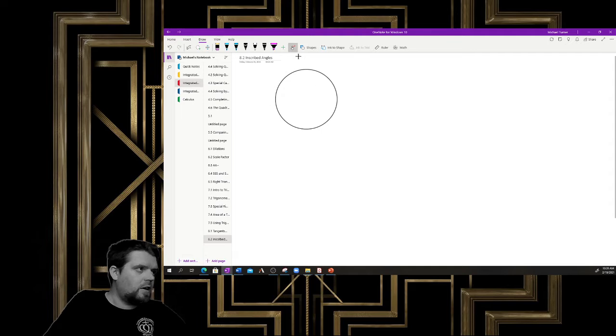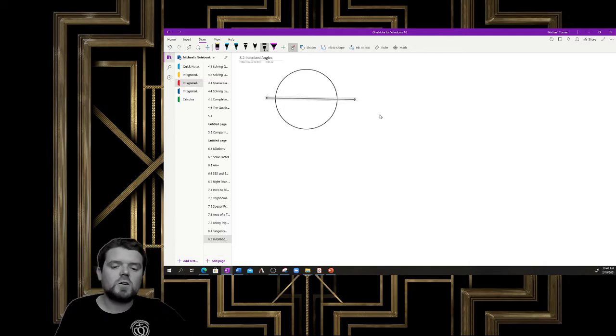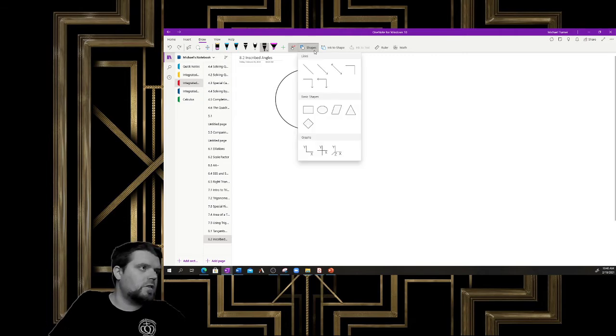In a circle, you always have a center. If I draw a line all the way across, going through that center, that is a diameter. So the diameter connects the outsides of the circle, going through the center.